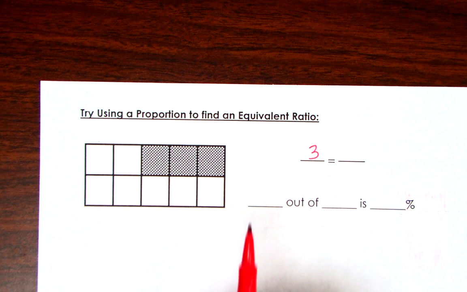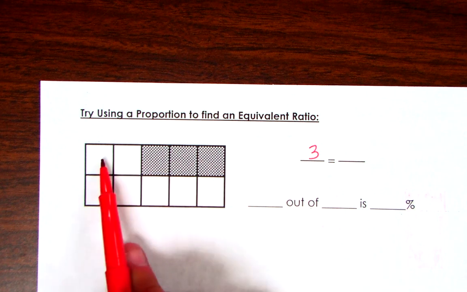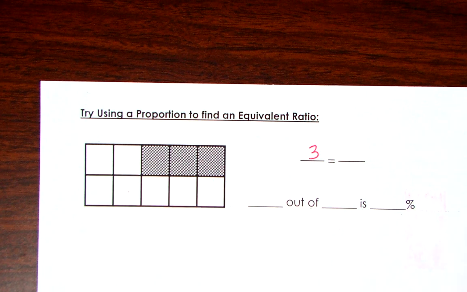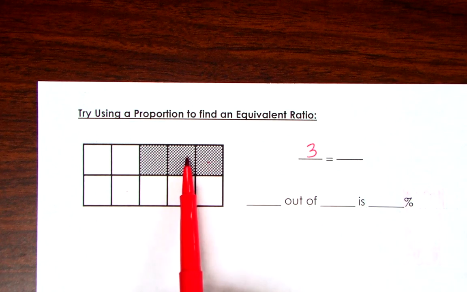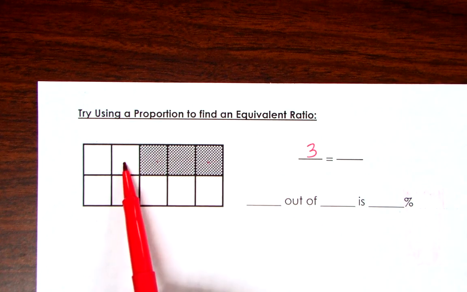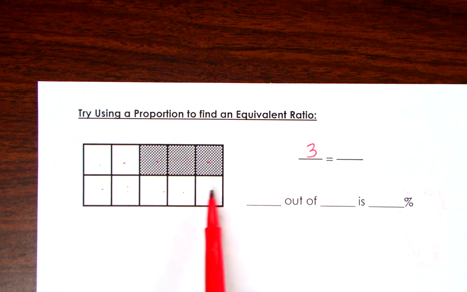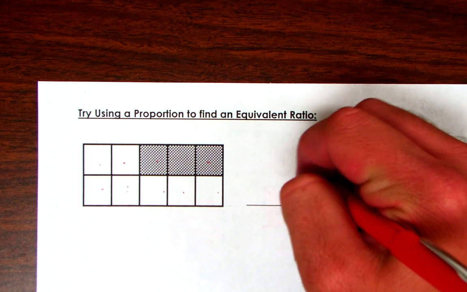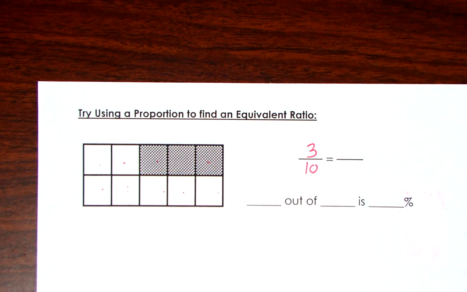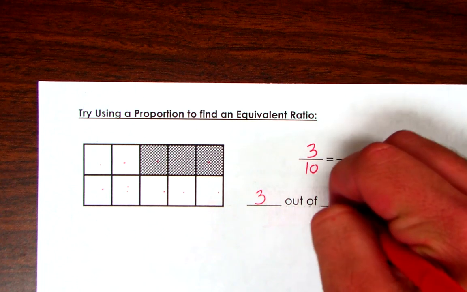Let's see. 1, 2, 3, 4, 5, 6, 7. Long day. Let me count again. 1, 2, 3, 4, 5, 6, 7, 8, 9, 10. Okay. Well, the way you read this is 3 out of every 10 is shaded.